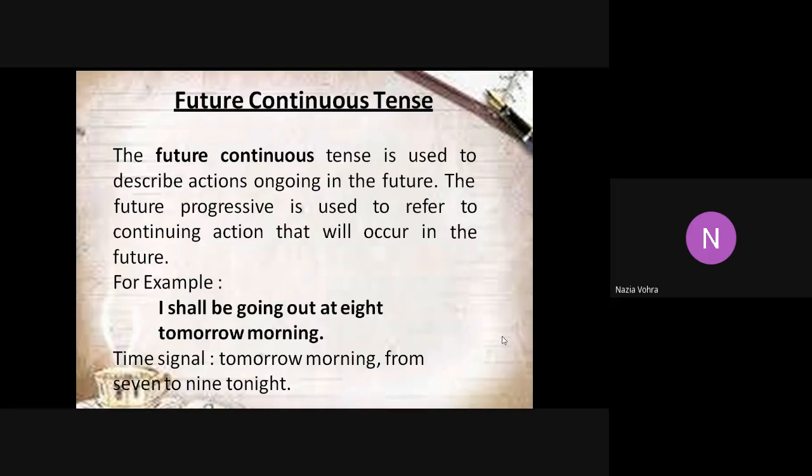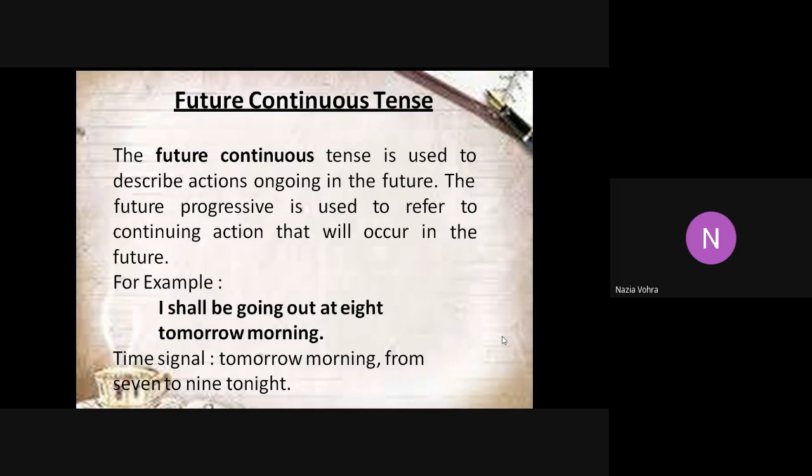Now for future continuous tense, it is used to describe actions ongoing in the future. The future progressive is used to refer to continuing action that will occur in the future. So some action which will continue in the future. I shall be going out at 8 tomorrow morning. So my action is that I am going to go out at 8 tomorrow.